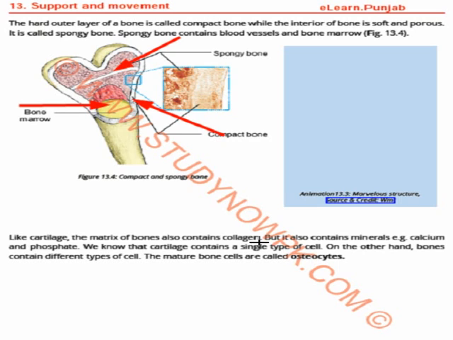So you must know the layers of bones and the composition of bone. The composition is that it contains collagen, and minerals: calcium and phosphate. We know that the cartilage contains a single type of cells. On the other hand, bones contain different types of cells also. Mature bones contain osteocytes.